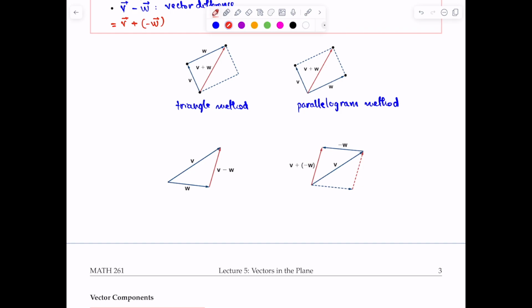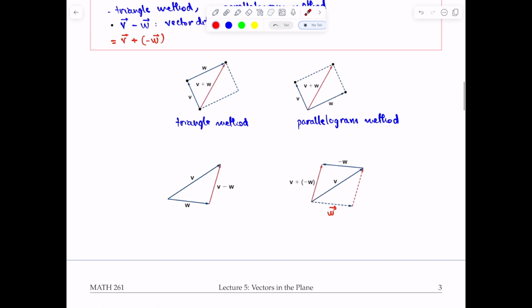So let's suppose that this is vector w, the original vector w, and here is negative w, right? So the opposite direction of the original vector. So v plus negative w, because the tail of negative w is at the head of v, you perform the triangle method of vector addition, and this is what you get because it forms a triangle.